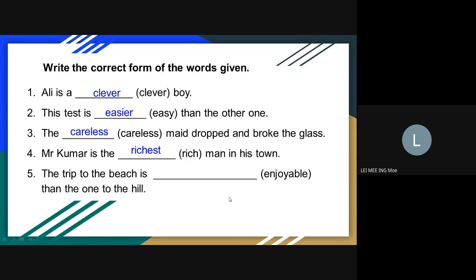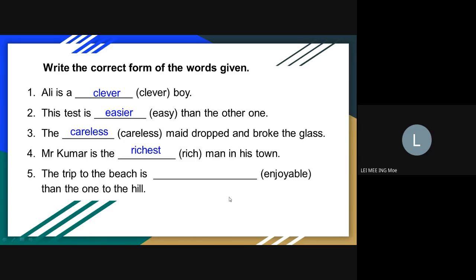All right, question number 5. The trip to the beach is than the one to the hill. The given adjective is enjoyable. So what is your answer for this question? More enjoyable. Any other answer? Most enjoyable. All right, still the same.